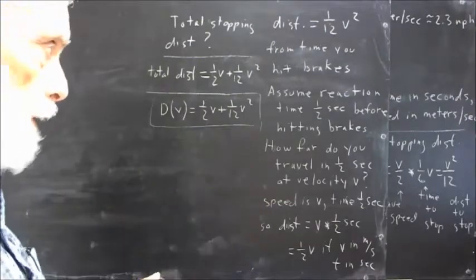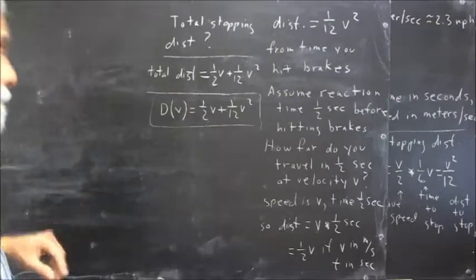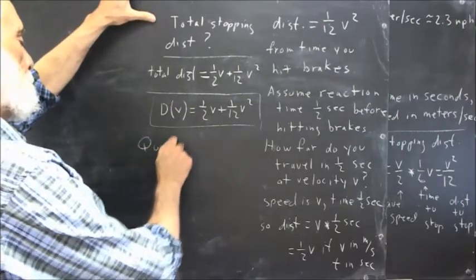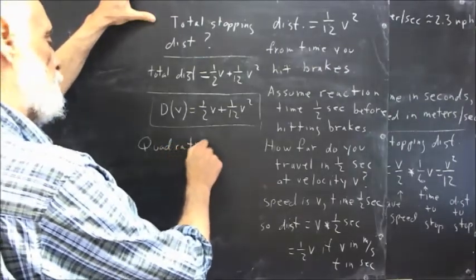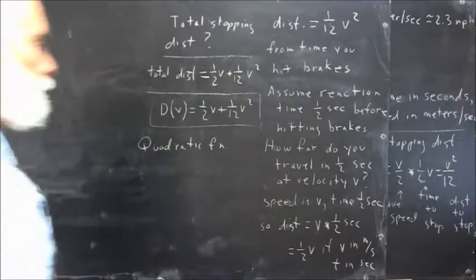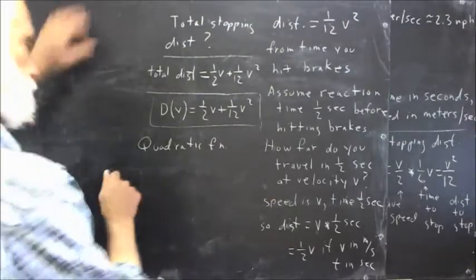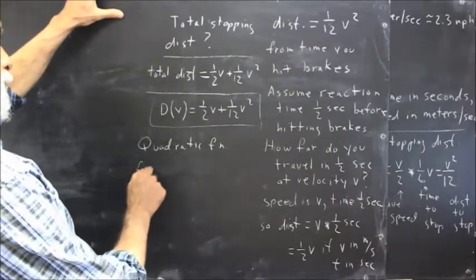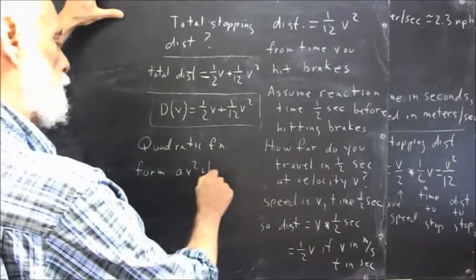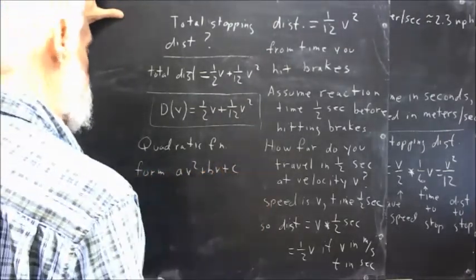You should pause and think about that, but assuming you have now, this is a quadratic function. The form is a v squared plus b v plus c.